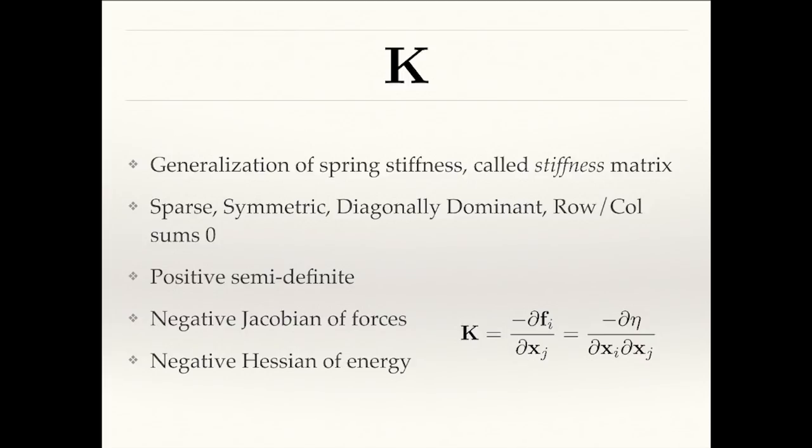It's also the negative second derivative of our energy, eta, with respect to the positions i and j. This last formula shows you that K encodes all of the interactions between two particles that are connected. And there's no interaction between particles where this derivative is 0.